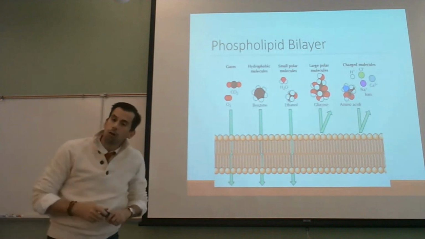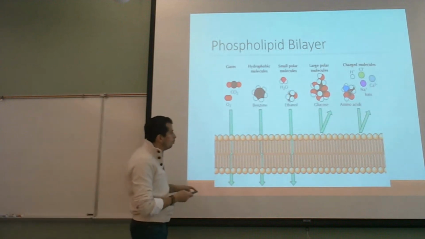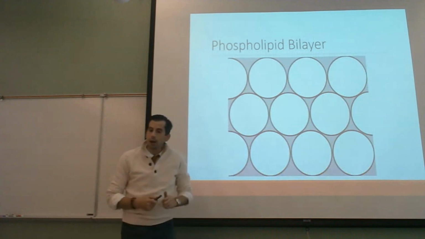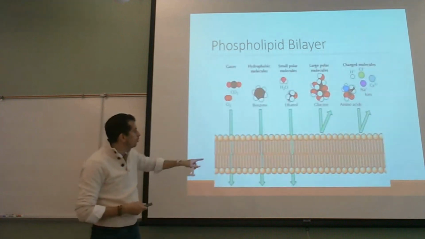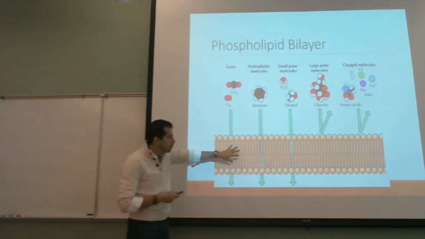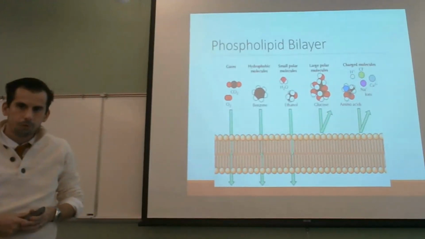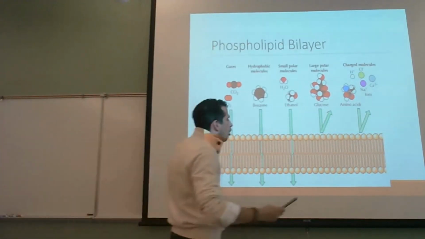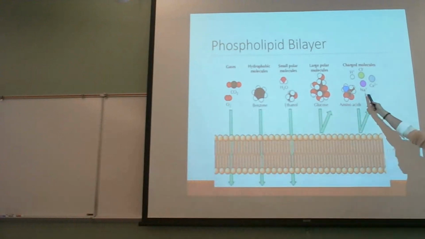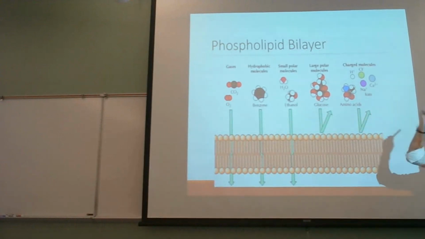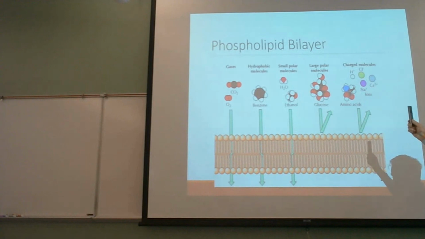But not everything that's small is simply able to scoot through the holes and get into and out of the cell. Because remember, as soon as we get through the holes, now we've got a very strong hydrophobic environment. So something small like an ion that carries a charge, that's very hydrophilic.